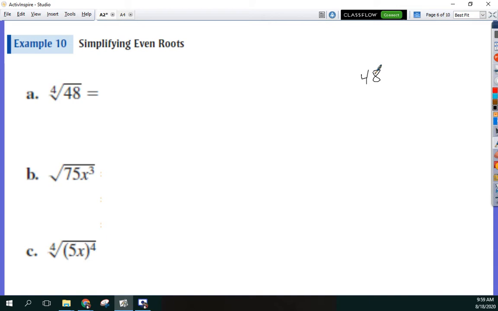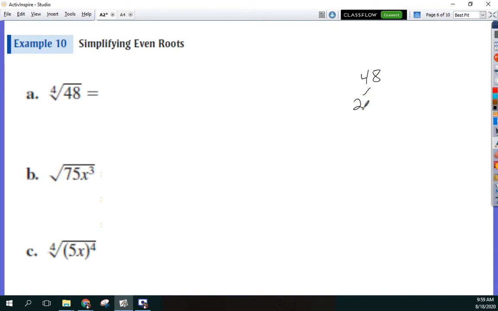So if we have 48, to split it up into factors, we're looking for prime factors. And usually we're going to start with a 2 or a 3, depending on what can be divided out. So for 48, it is even, so we know that 2 is going to go into that. So we get 2.